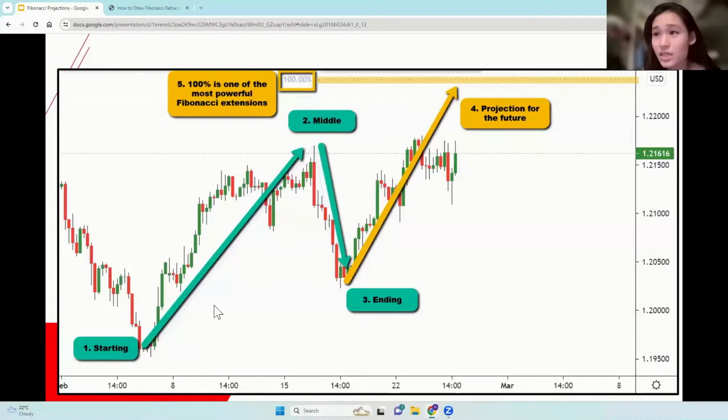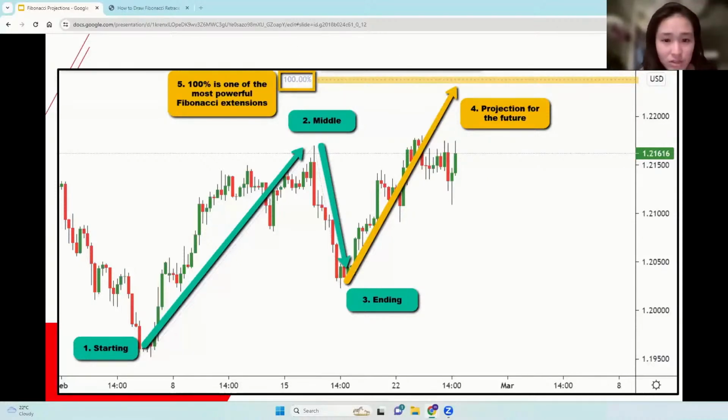This time we see it inverted, but it's still the same concept. So the starting point would be here, middle point, and ending point. And we're projecting where prices will bounce off of in the future. In this case, if you have the 78.6, 61.8 levels shown here, you can see that price has already broken out of these levels, and that's the reason why we're projecting it towards 100%.